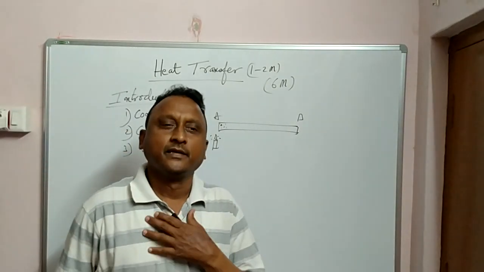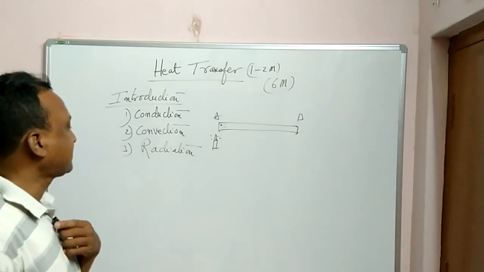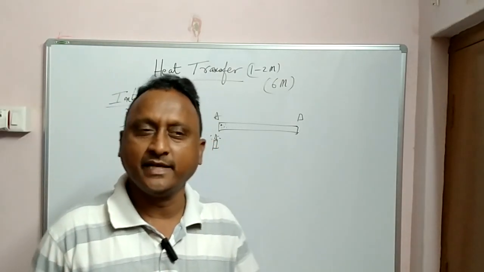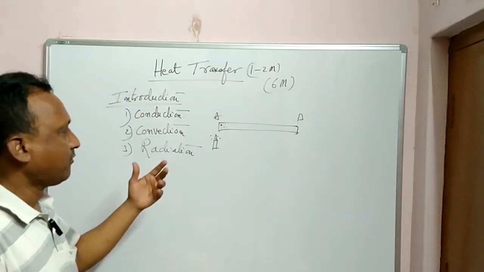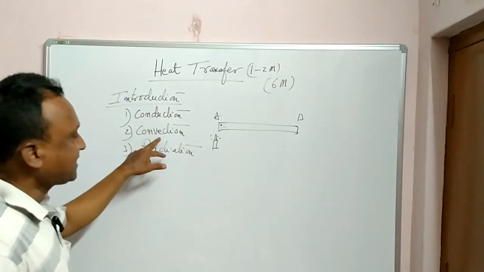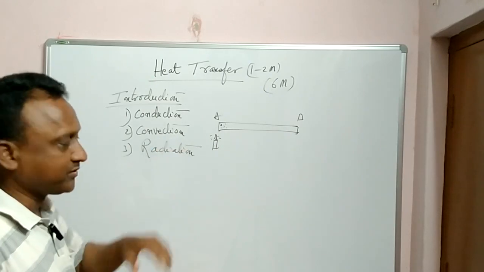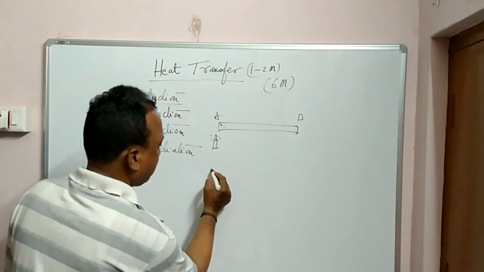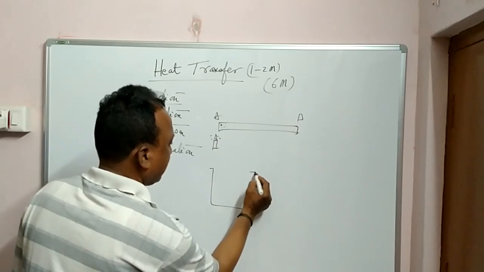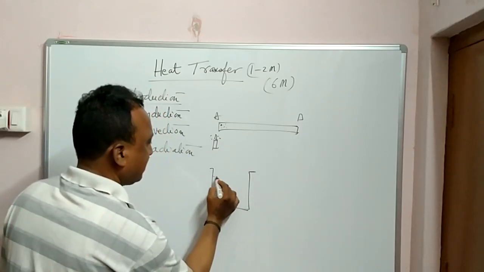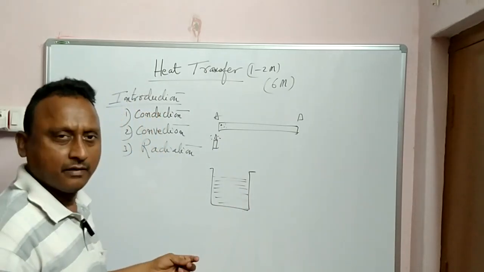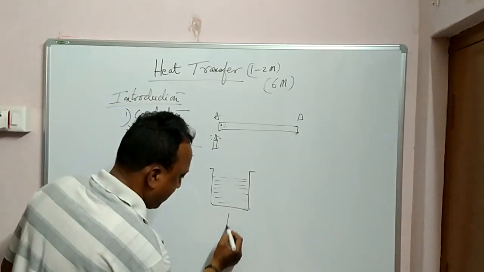Let us see how heat is transferred from one place to another in convection. Suppose a small bowl is taken and filled with some water.